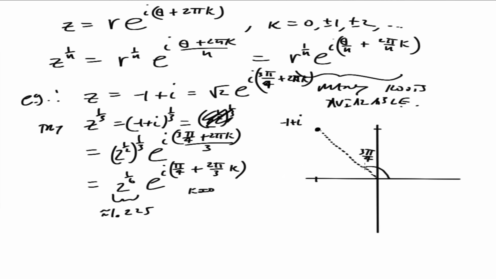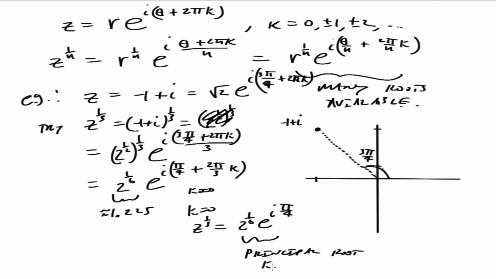So we see that the principal root, when k is equal to 0, what we get is z to the third is going to be 2 to the 1/6 e to the i pi over 4. And I'm going to call this right here the principal root. And that's the root where k is equal to 0. Okay, we define the principal root to be that root. It's the root where we don't have to worry about any of these multiplicities that happen there. All right, and so that pi over 4 lands right about there.